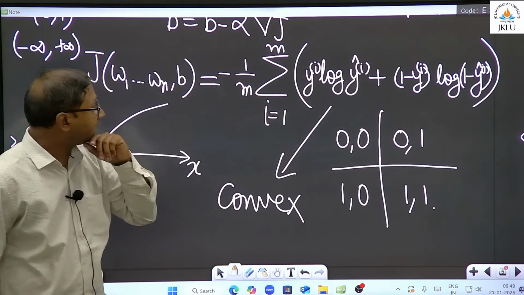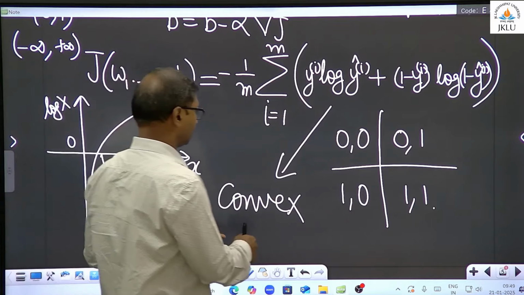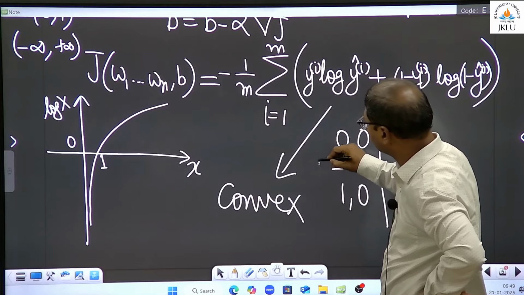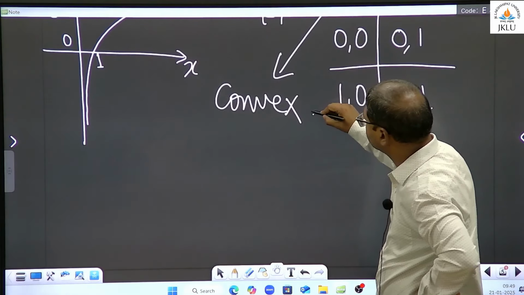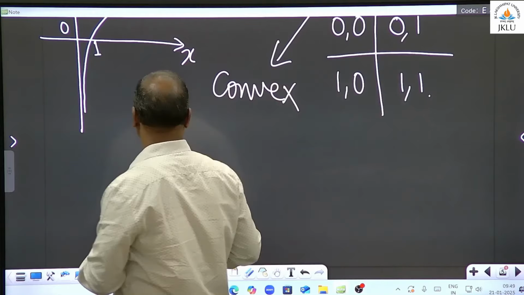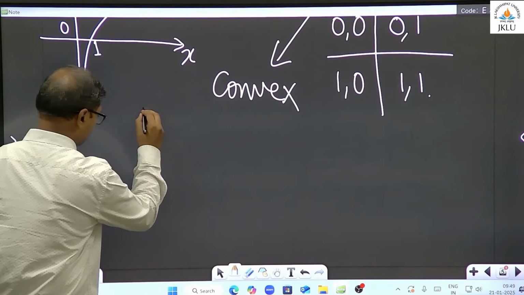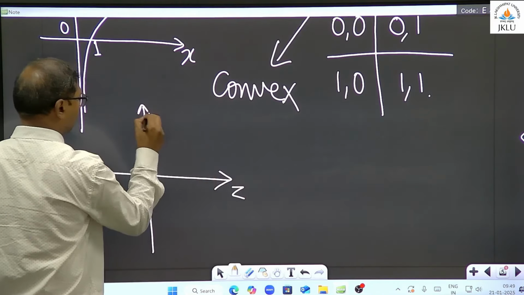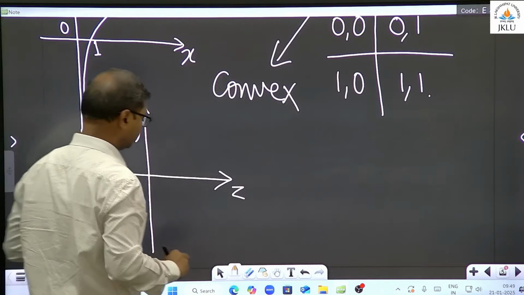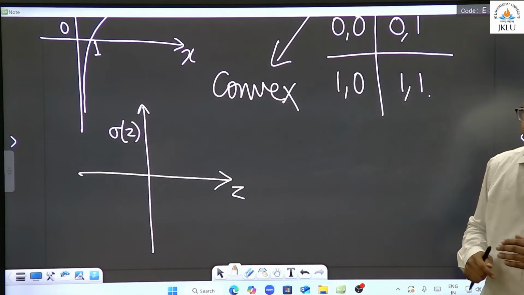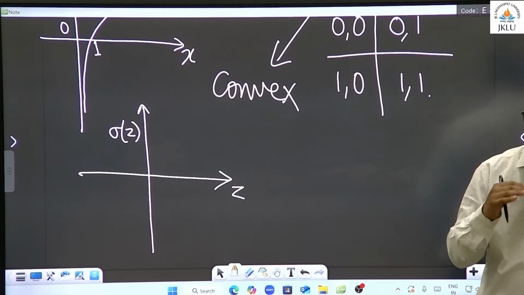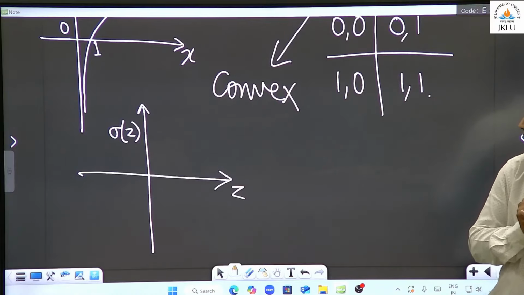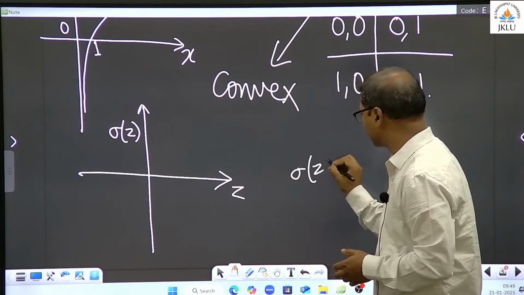Now, can anybody help me draw this thing? 1 upon 1 plus e to the power minus z. On this axis I have z, and on this axis I have sigma z. So basically I am trying to draw this.